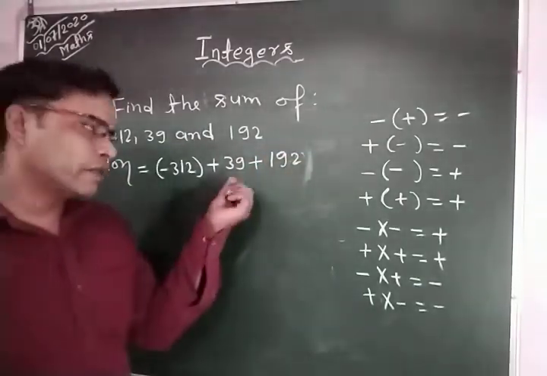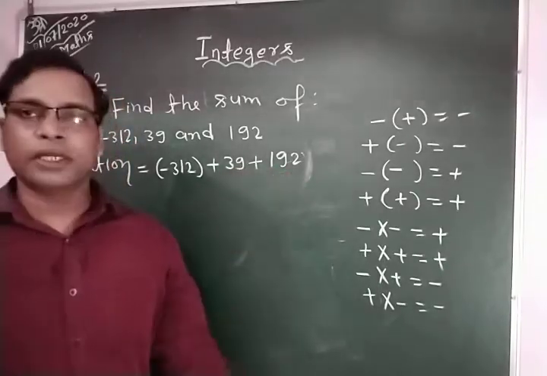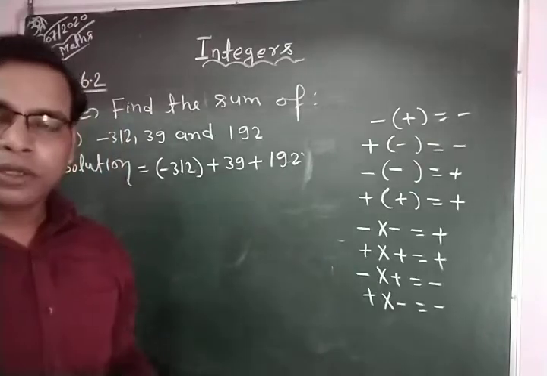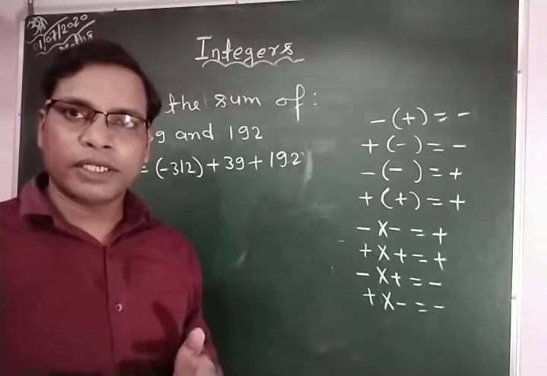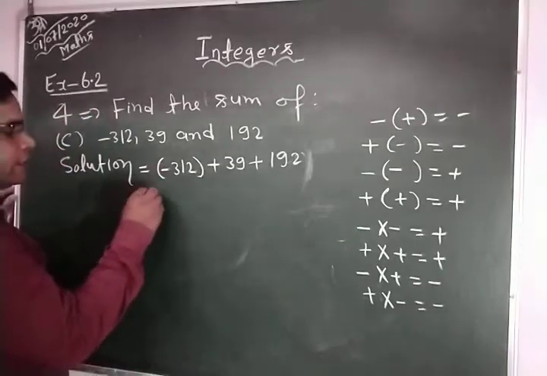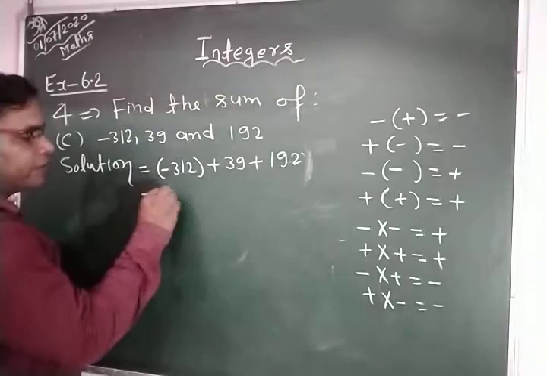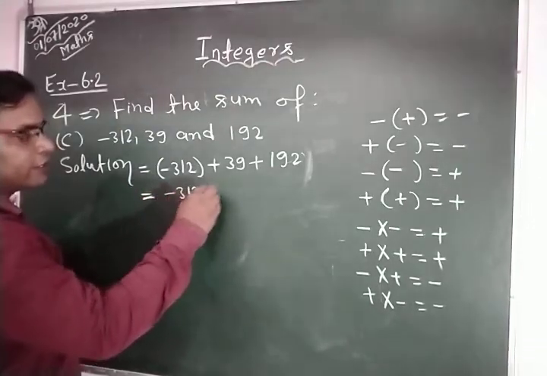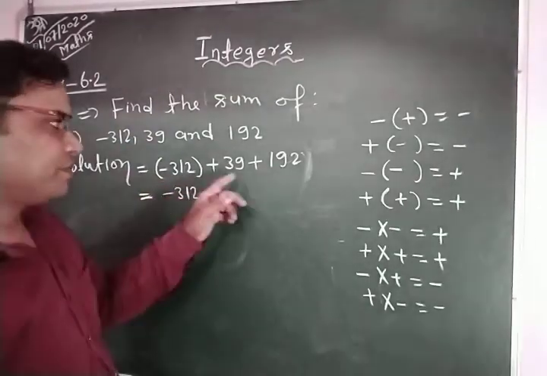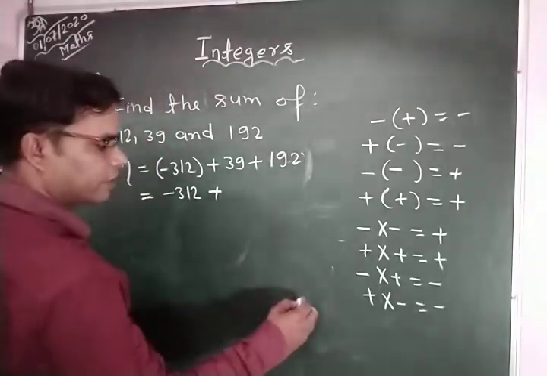Now you can see 39 plus 192, both are positive quantities, so you can sum them. And here this is a negative quantity, so we write minus 312 as it is, and first we sum them.